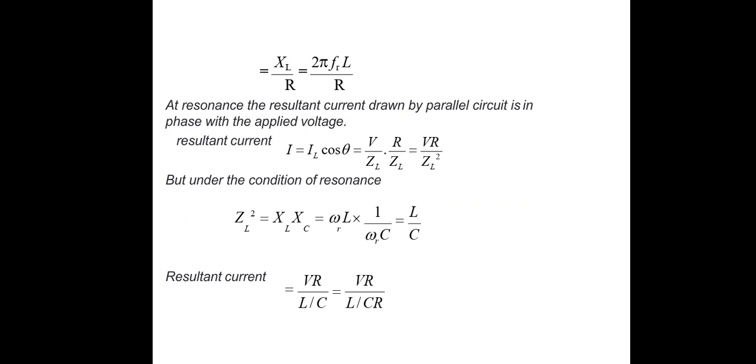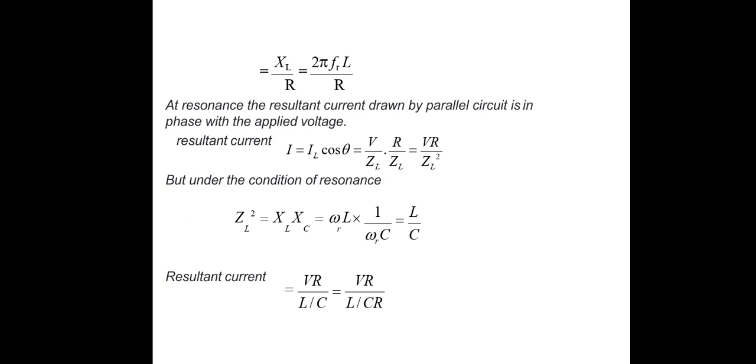At resonance, the resultant current drawn by the parallel resonant circuit is in phase with the applied voltage. So the resultant current I is equal to IL cos theta. Therefore V by ZL into R by ZL, so what we get is VR by ZL square.